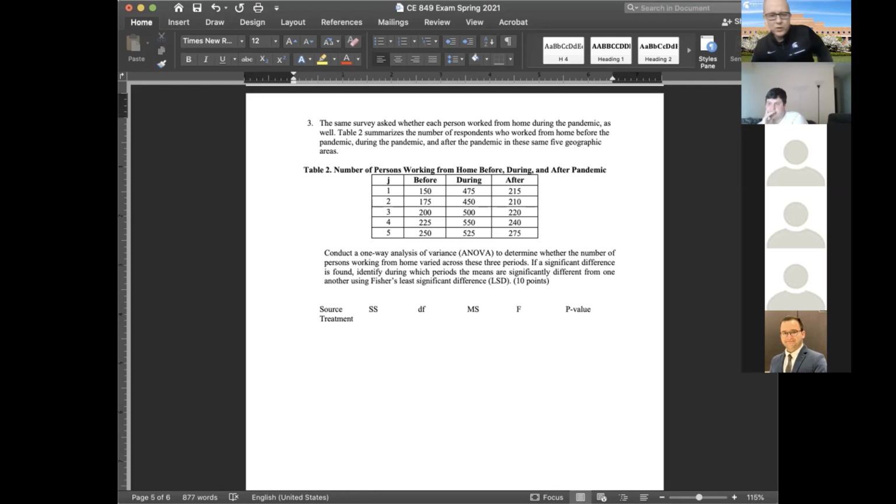And can anybody remind me, how do we calculate the treatment sum of squares? What's that taking the differences of? It's taking the squared differences between this quantity or these quantities and this quantity.